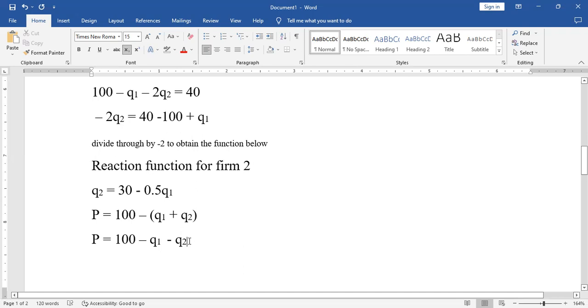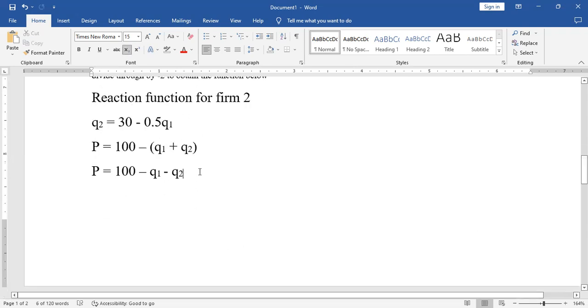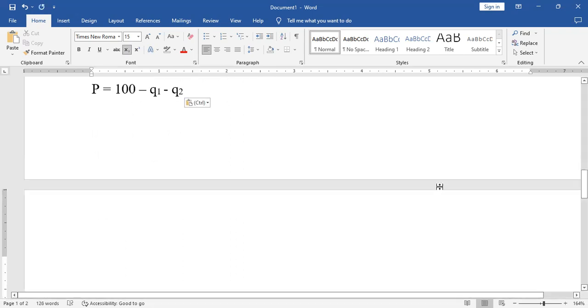Now here where there is a Q2, I need to replace it with the reaction function, to reflect the demand function for firm 1.